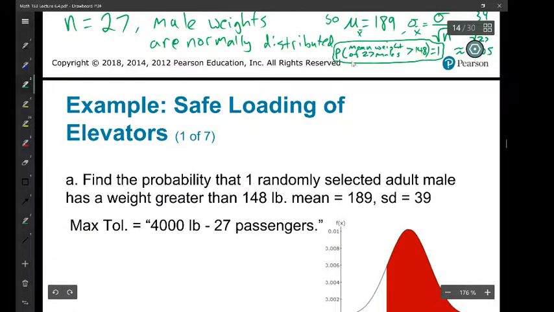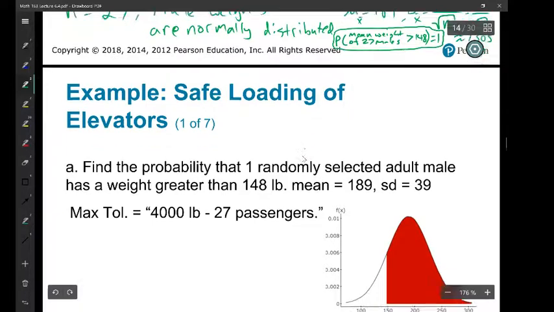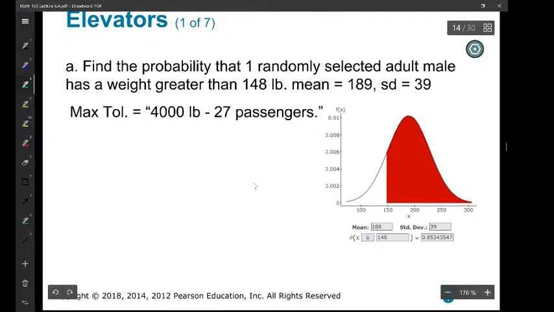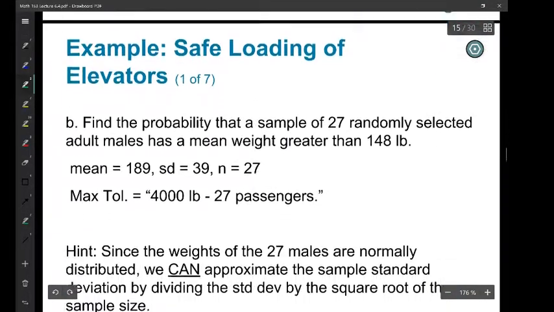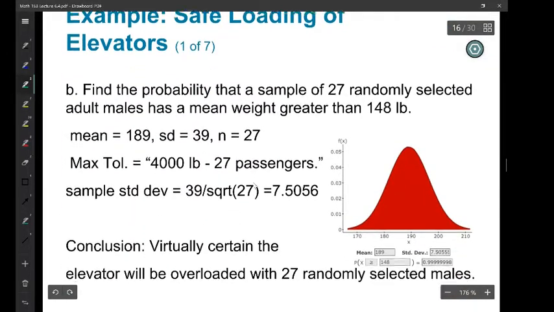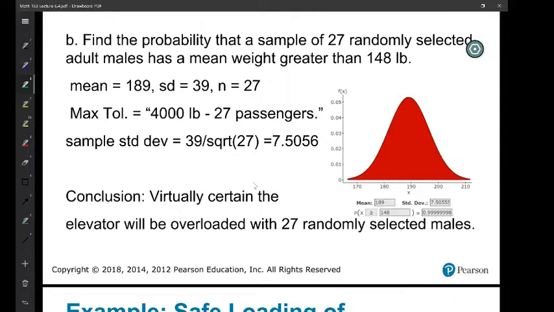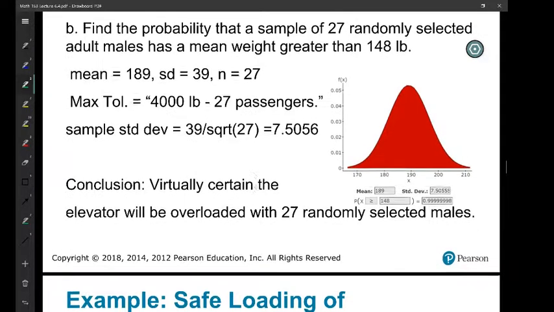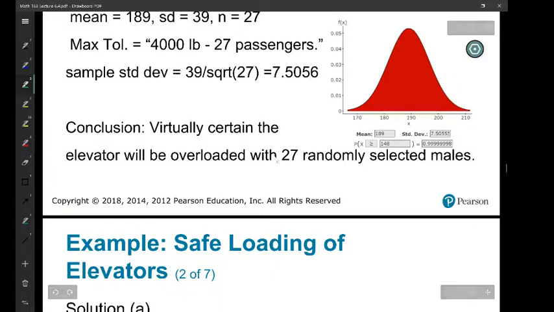And if the mean weight of the 27 males is greater than 148, then those 27 males all taken together would break the carrying capacity of the elevator, so it's not safe. And there's our graphs from StatCrunch and what we want to plug in here.